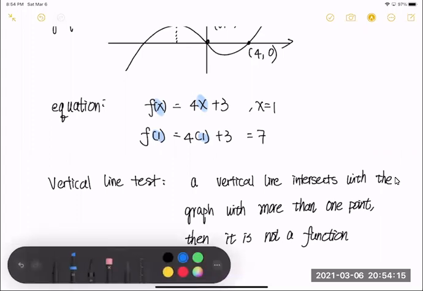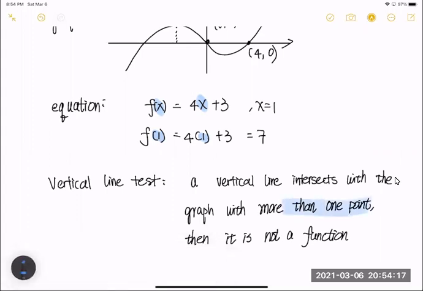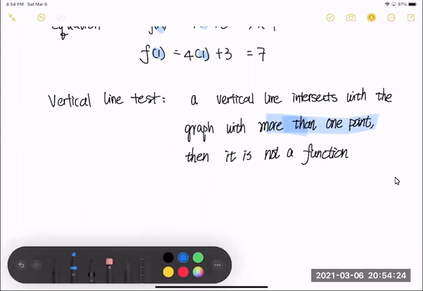Okay, here the keyword is more than 1 point. Since it's a vertical line test, that means we need to have a vertical line. So here are some examples.